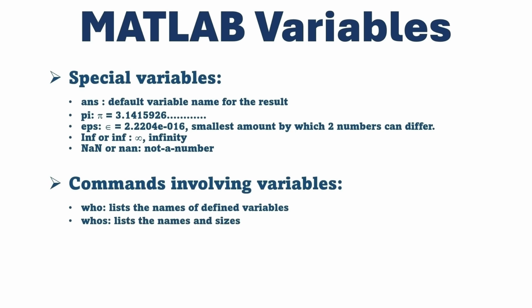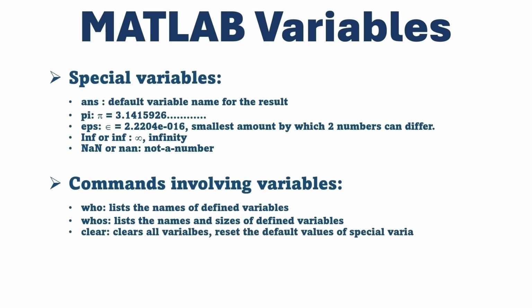But remember that the variables should be in the workspace and not cleared from the workspace memory. When you enter whos, that is W-H-O-S, it lists the name and size of the defined variables as well. clear clears all the variables and resets the default values of the special variables.